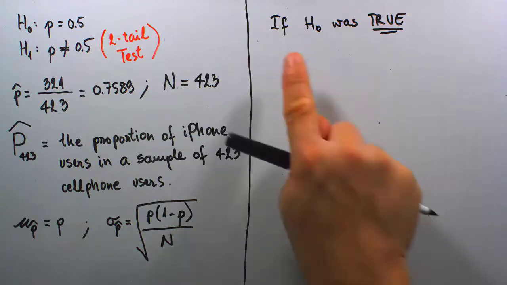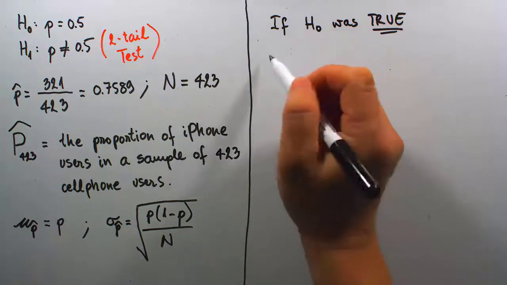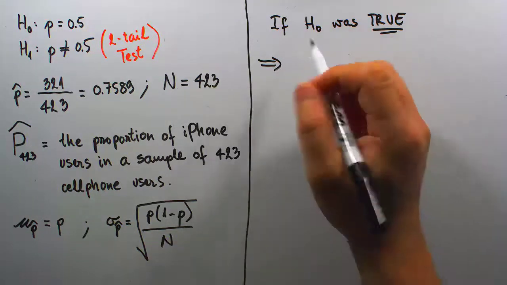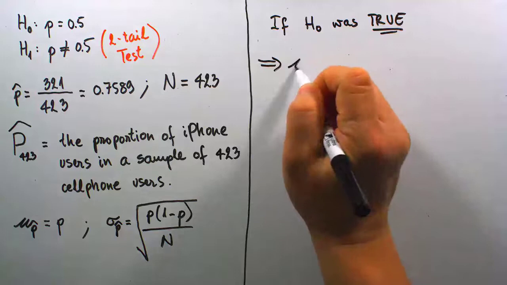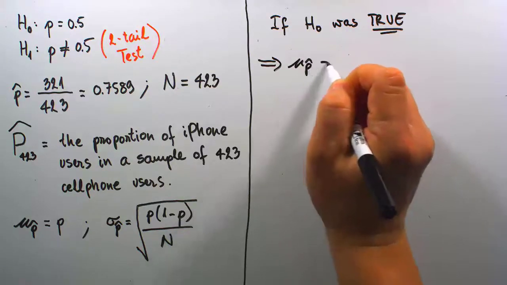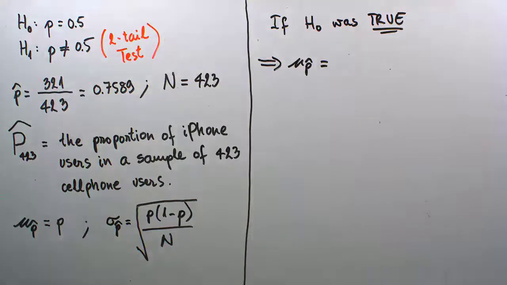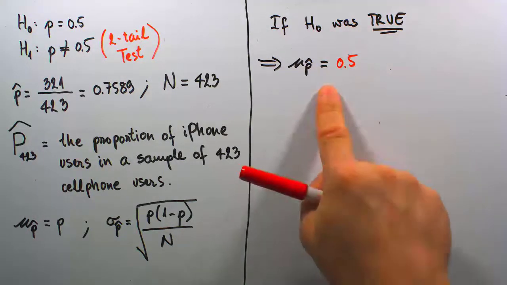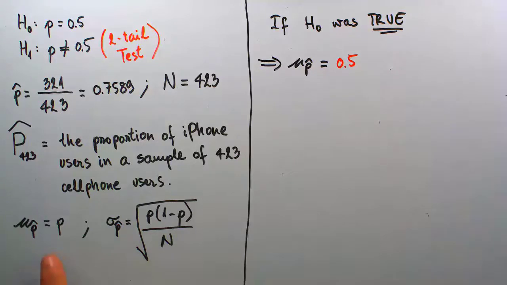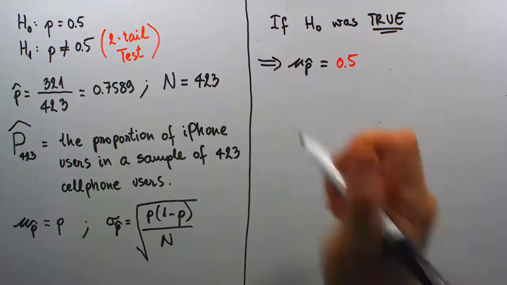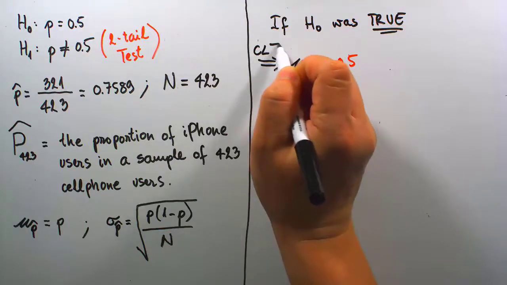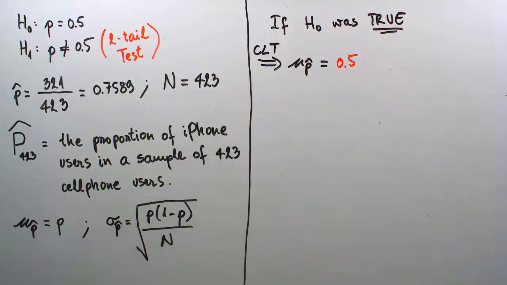And so if H sub 0 was true, then consequently, based on what I have reminded earlier, the mu p hat value must equal 0.5 as the guarantee as stated in the central limit theorem. And so we came up with this result as a consequence, simply by applying the central limit theorem understanding.